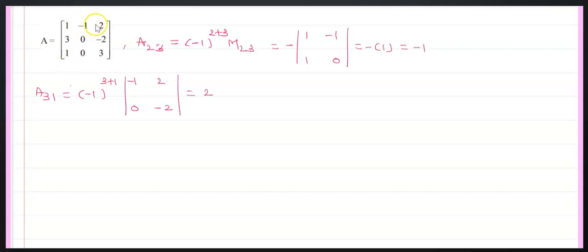Therefore this, that is minus 1, 2, 0, minus 2. This is 2. A32, these two get cancelled, we get 1, 2, 3, minus 2. Solve this, you will get minus, in bracket minus 2, minus 6. Overall it is 8.